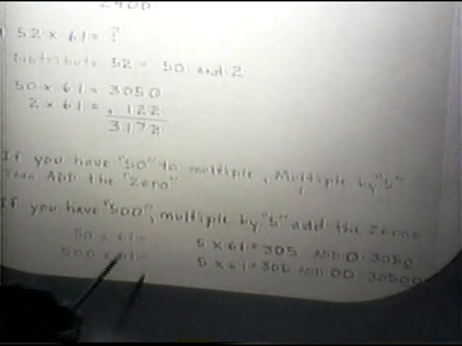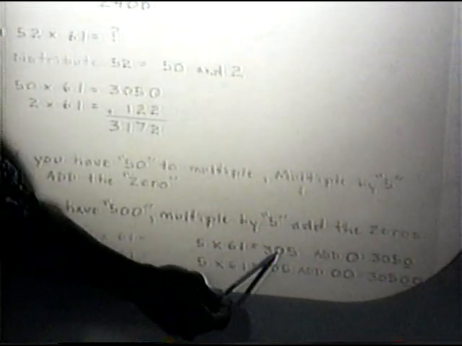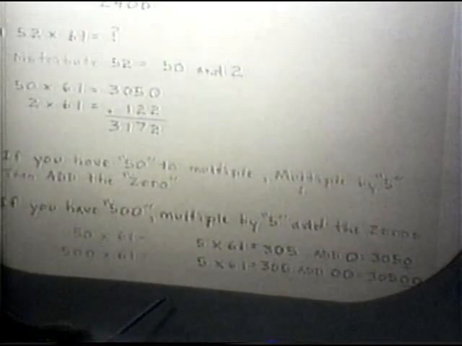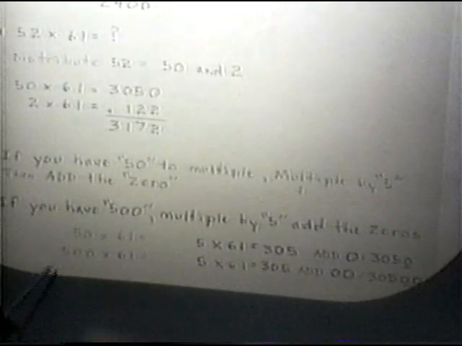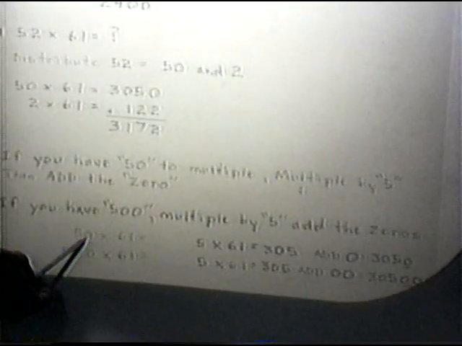That's the quick way to do it. 5 times 61 is this. But we have to add the zeros. For 50 we add 1 zero. For 500 we add 2 zeros.